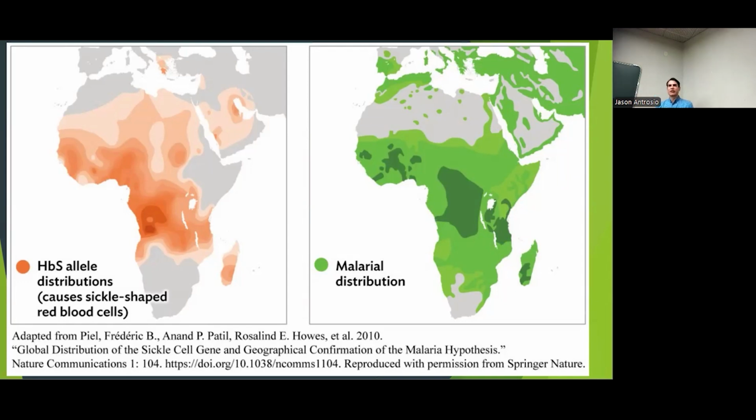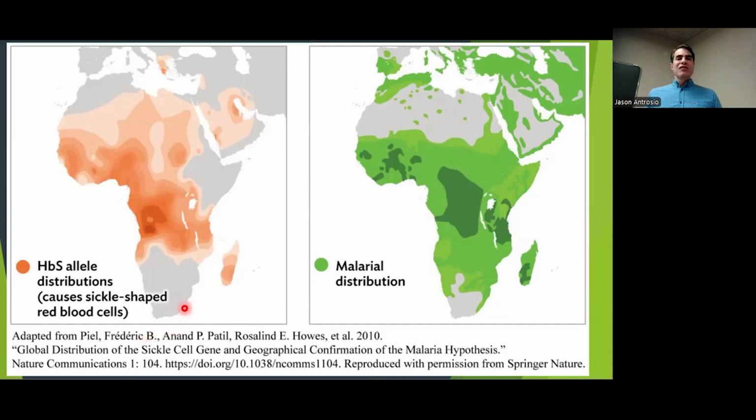For those of you who know your history of how different people got to the United States, this map should tell you all that you need to know. Most of the people who were enslaved and brought to the United States came from this region of West Africa, and it was also one of the regions with the highest rates of sickle cell trait. And so in the minds of the United Statesians, this became linked to the idea of race.